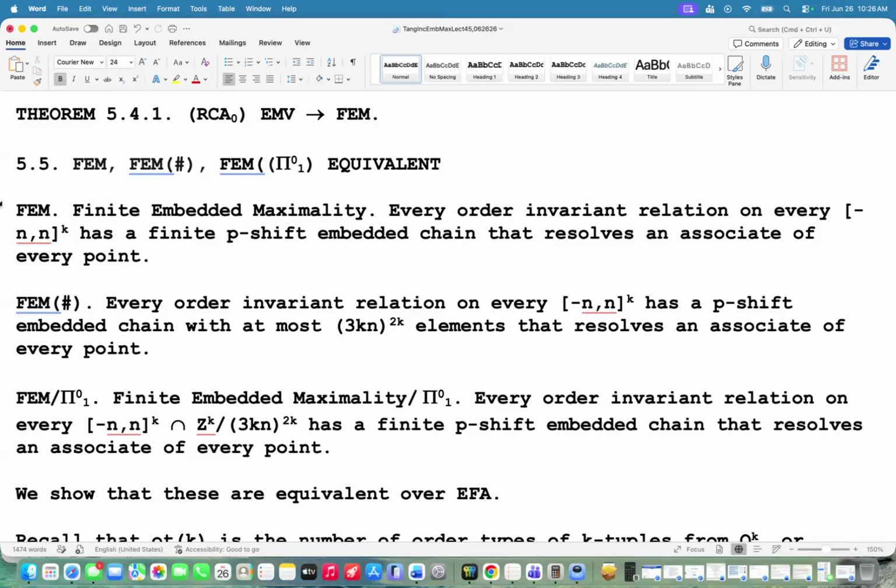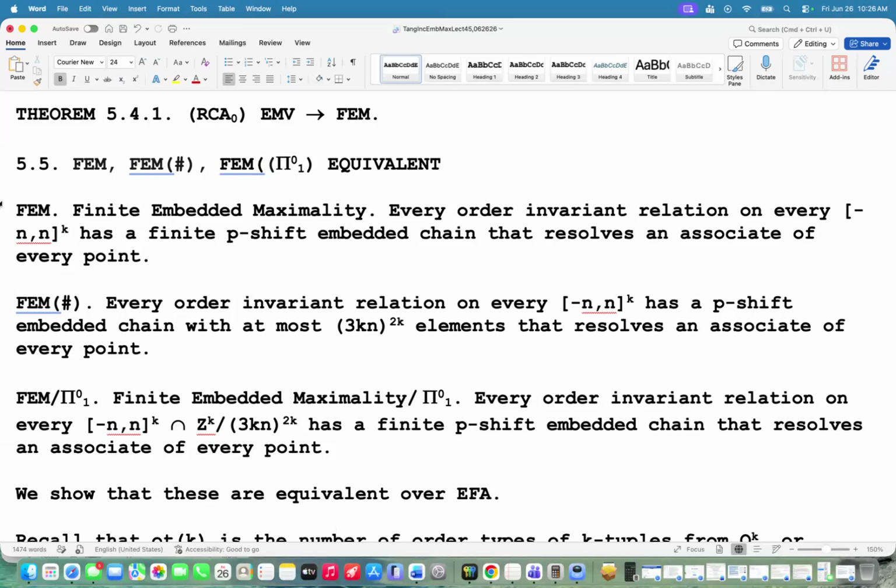All right, so that's how this goes. The next one is that I can normalize the denominators in the finite p-shift embedded chain. I can fool around with the denominators and have an isomorphism. This is fairly easy to do. And that isomorphism is going to be total. You can make it extend to a total one.